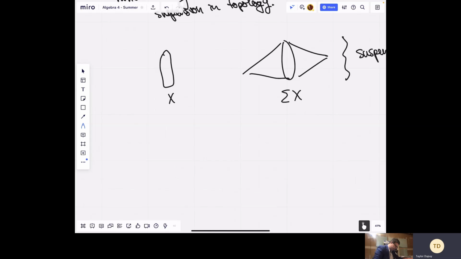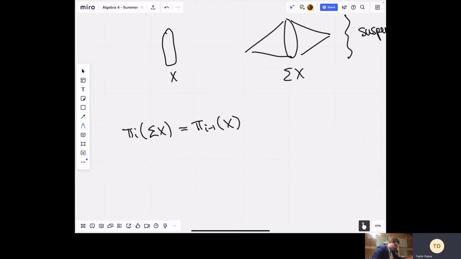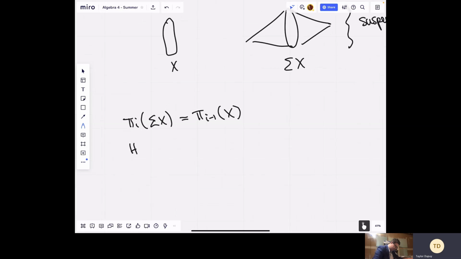homotopy, we had pi_i of sigma of X, of the suspension of X, so this was pi_{i-1} of X. And if I did reduced homology, so again, this is H, reduced homology of X. Okay, so it shifts.